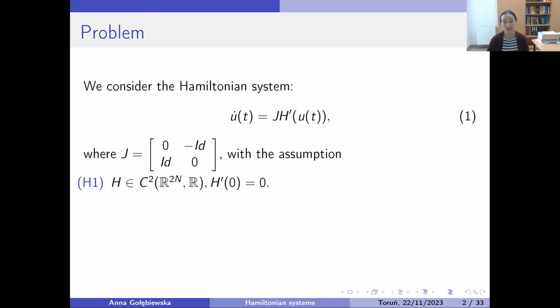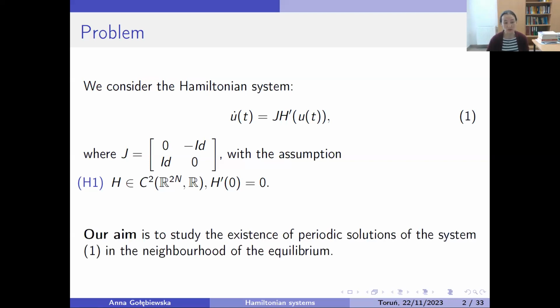And what does this assumption give us? If we define the constant function with the value 0, this function satisfies our equation because the derivative of a constant function is 0 and the right-hand side is 0. So taking this assumption, we know one special solution, the constant solution, a very easy one.